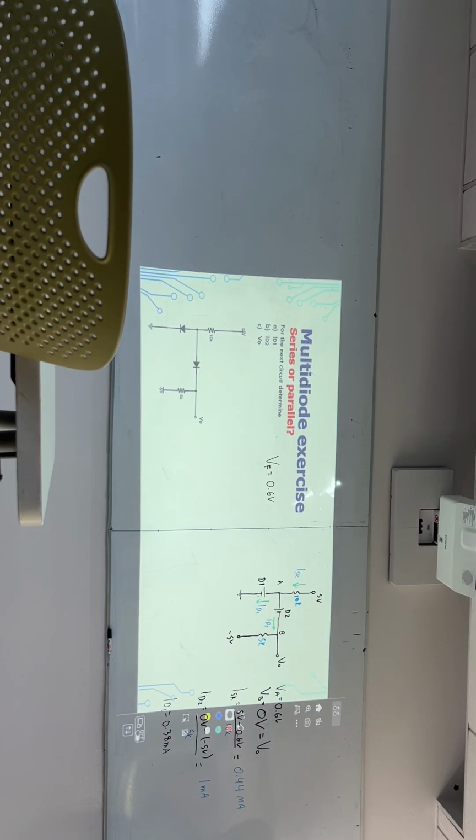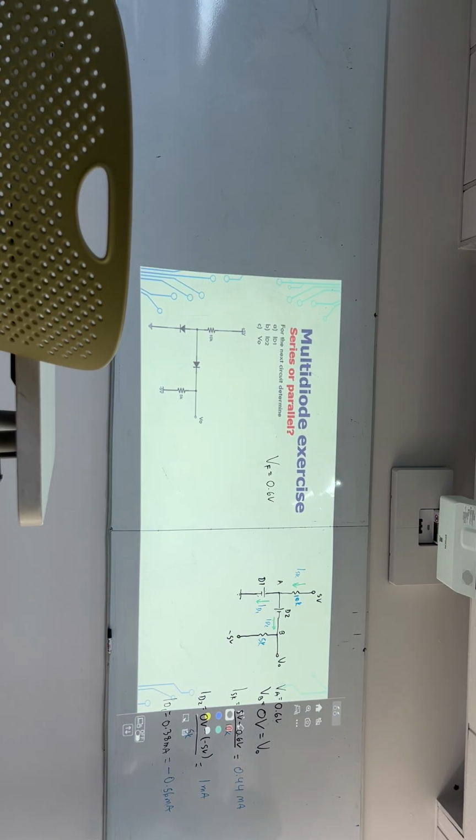Now, with these new values, can you please give me the new value for ID1? Minus 0.66. Okay. I mean, I think it's 56. Okay, 56. Thank you.